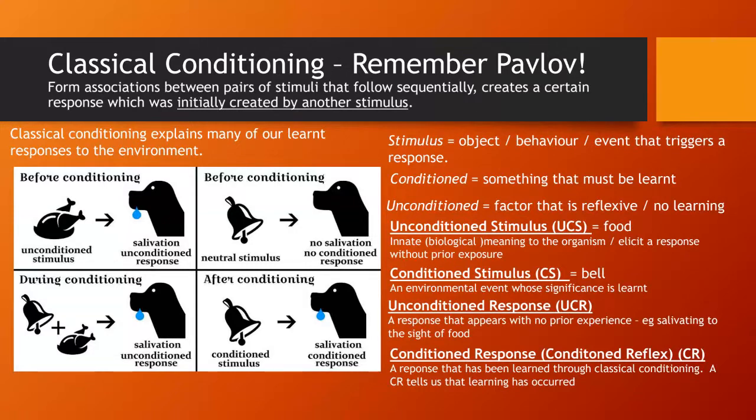It's almost reflexive that the dog salivates. There's no conditioning. It hasn't been conditioned into the dog, and the dog has an unconditioned response. It just salivates automatically. So you have an unconditioned stimulus, nothing has happened to it, and you then have the unconditioned response. No prior experience, it just happens.